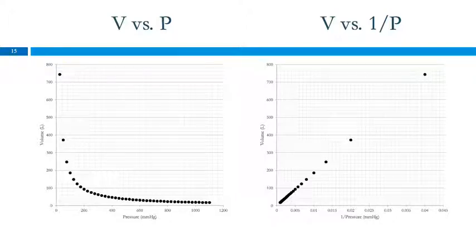So, let's see, for example, if the volume is really high, will it ever reach 0? That's an excellent question. We'll talk a lot more about that at the end of this chapter. But if we were to continue increasing the pressure, well, actually it might be easier to look at this one. As we increase the pressure, the volume gets smaller and smaller.